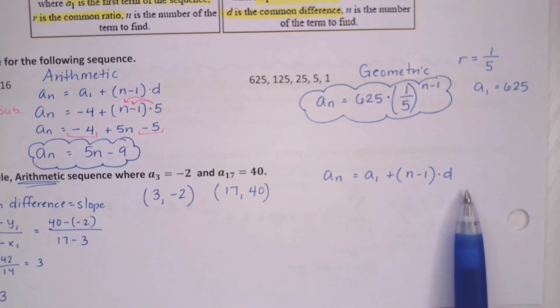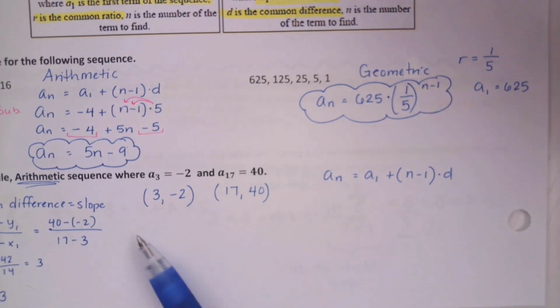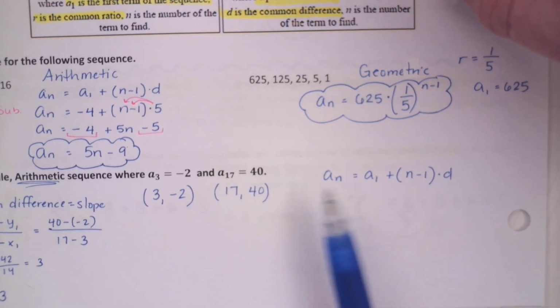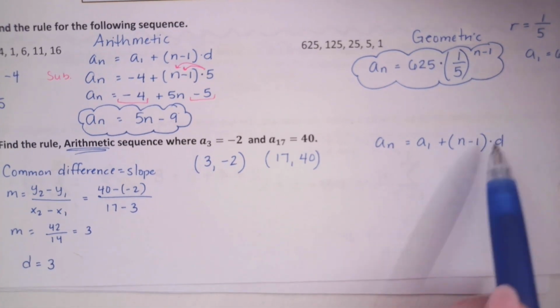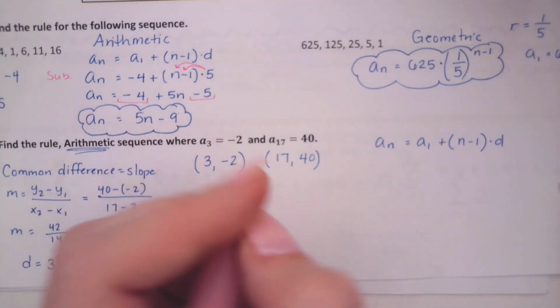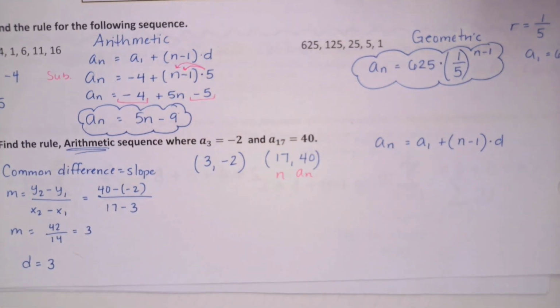Plug it in for which two variables? n and an. You can pick either of these points to plug in for n and an, and you can also plug in the common difference now. I'm going to call this one the n, this one the an.